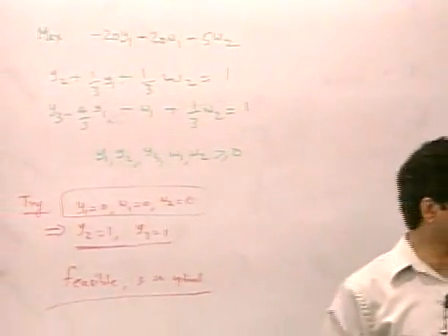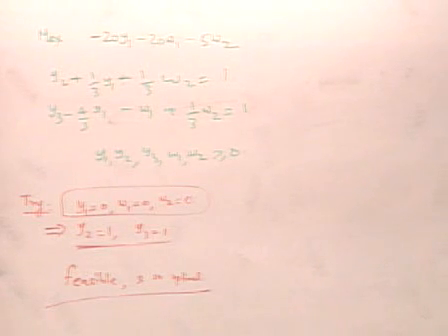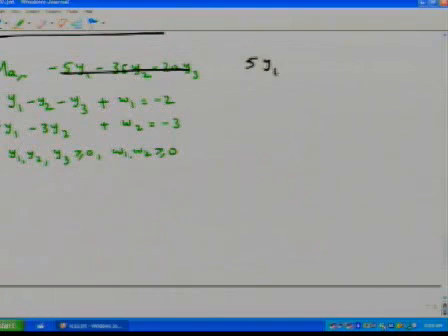For instance, I could make this, if instead of this, I have 5 y1 plus 35 y2 minus 20 y3, then it's not clear what method you apply. Okay?